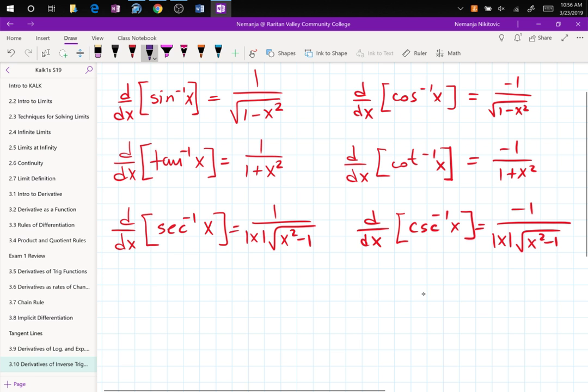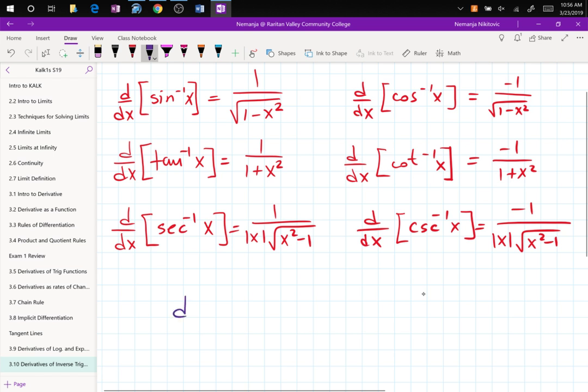So if we take a look at the chain rule version, we have to replace those x's with f of x, and because it's a chain rule, we have to multiply by f prime on the derivative side.